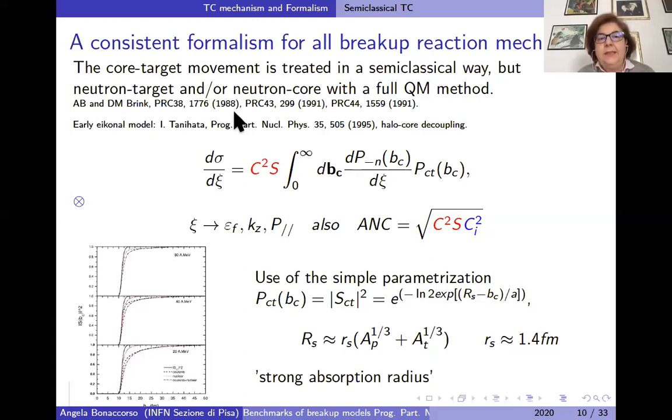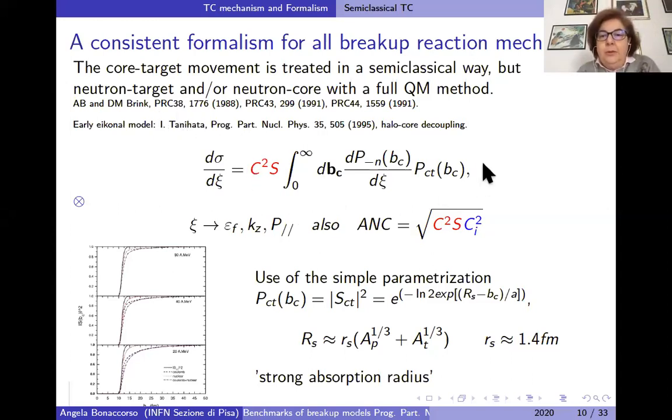And there, starting from DWBA and applying semi-classical rules, which means instead of a sum over partial waves, we transform to impact parameters, and the distorted waves were approximated by WKB wave functions, and there were almost 10 years of work of various people, not only myself.